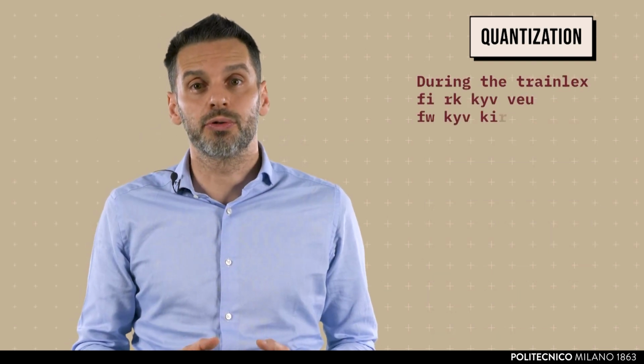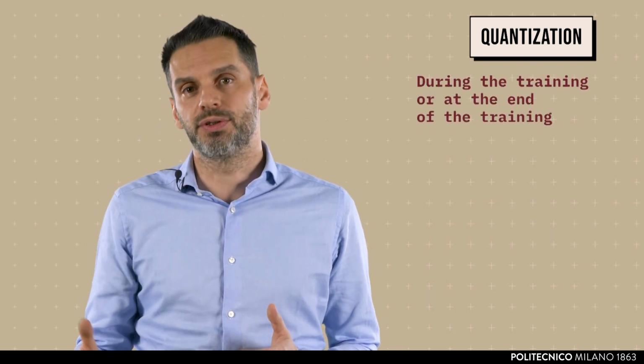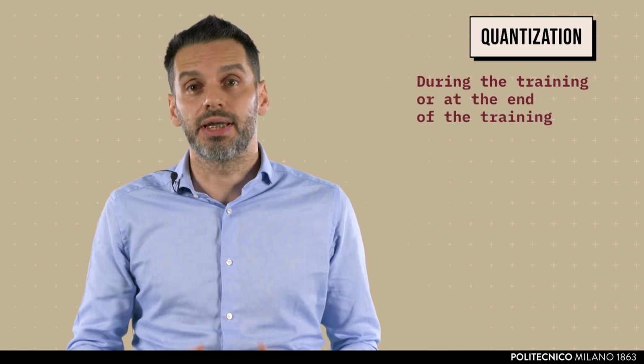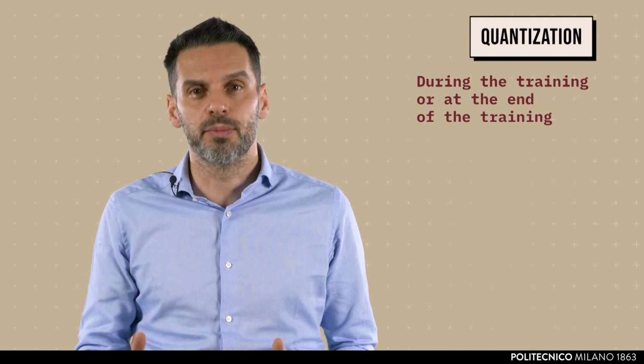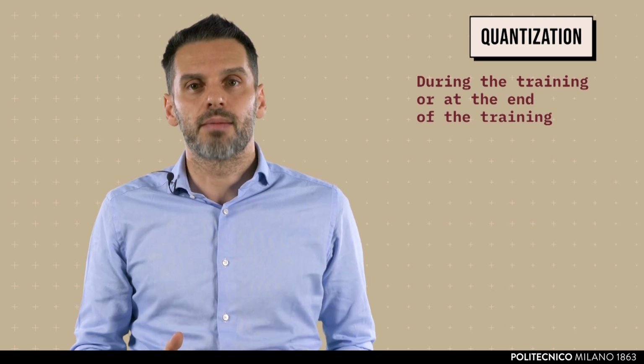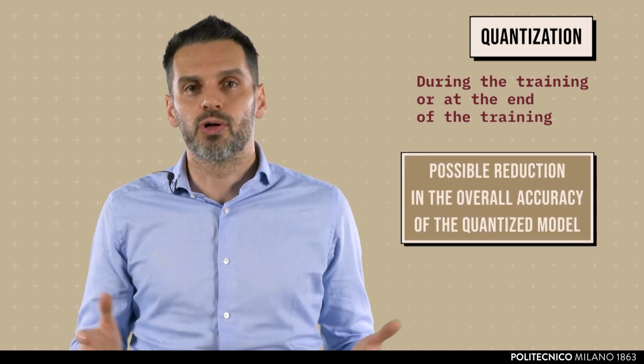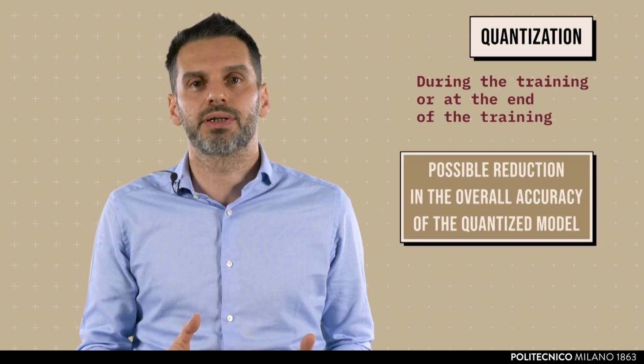Quantization could be carried out during the training or at the end of the training. In both cases, the advantages in the reduction of the memory occupation can be relevant, but these advantages come at the expense of a possible reduction in the overall accuracy of the quantized model.